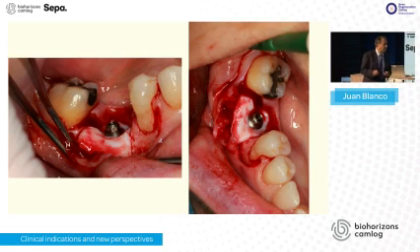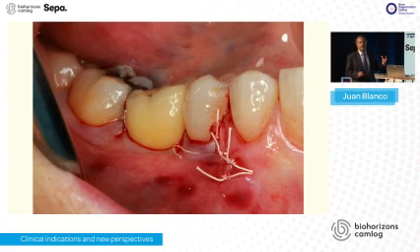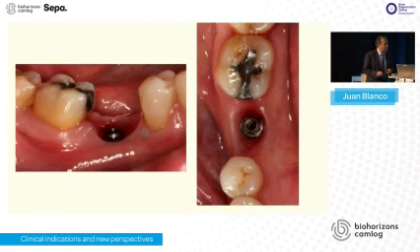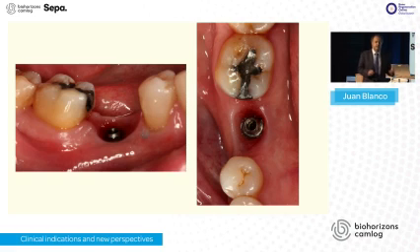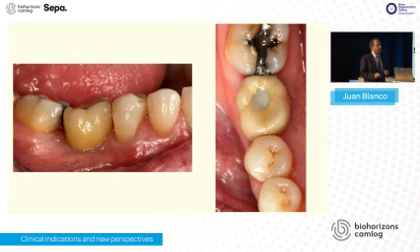On top of this, once we suture everything, we place the crown of the patient. Everything heals, and here you can see how thick is now the mucosa, and all the symptoms have disappeared. But the important thing here is how healthy is this mucosa in terms not only from a clinical view, the clinical aspect, but also the thickness and the increase of width of this keratinized tissue around the crown of this patient.